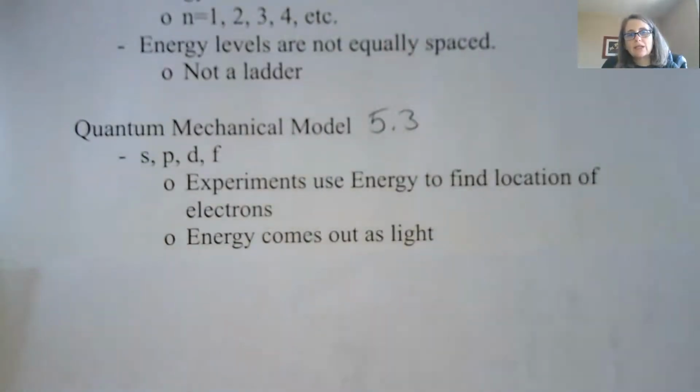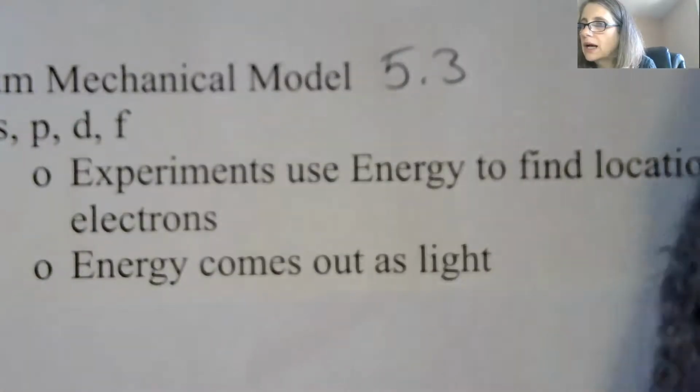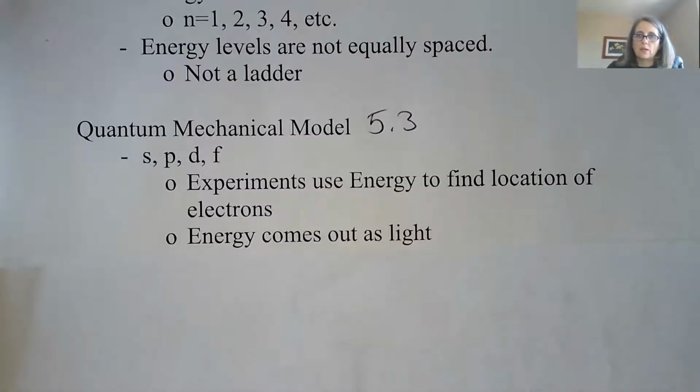We now have data to suggest that this is how the electrons are arranged in terms of where they are located around the nucleus. In order for us to locate these electrons, we put energy in. Once we put energy in, the energy that comes out is in the form of light. We can then measure what kind of light we're getting out, the electromagnetic spectrum.